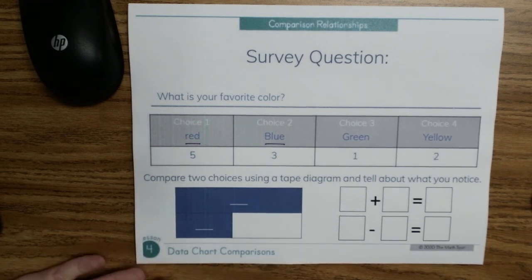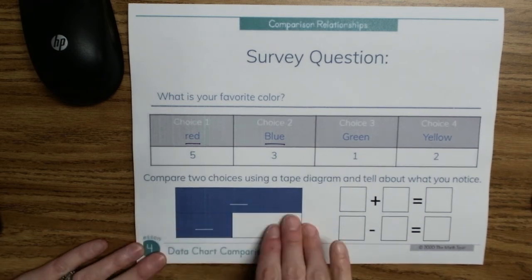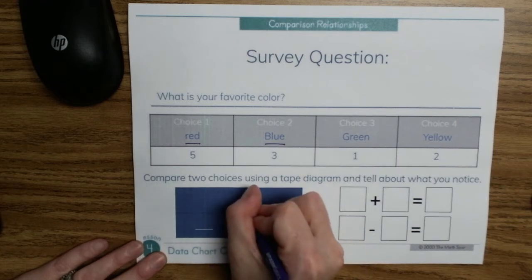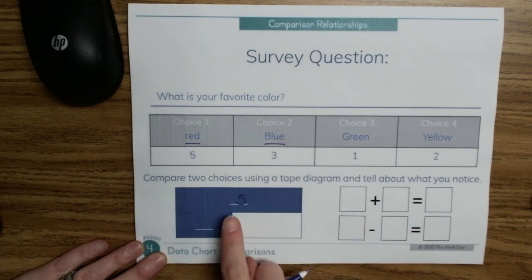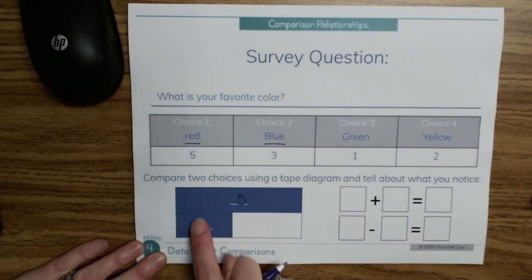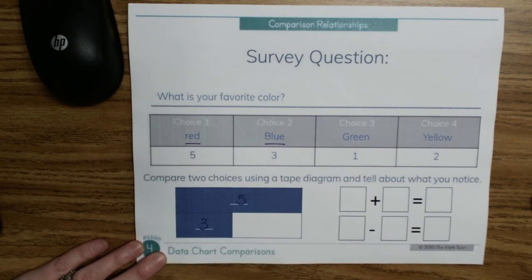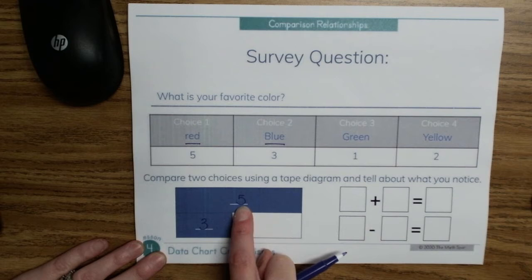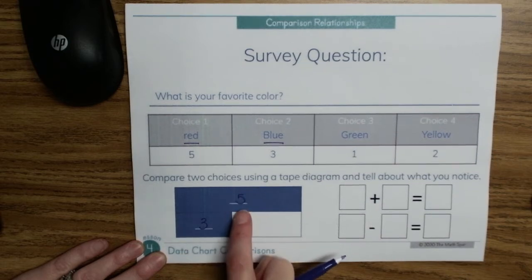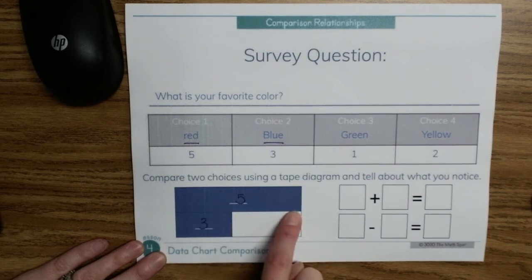So in our tape diagram, who's going to get the one that's completely filled? Red, because we know red got the most choices. And who are we comparing it against? Blue, and we know that blue only got 3. So we know that red is larger because it had 5. So that's why it's getting that whole tape diagram.